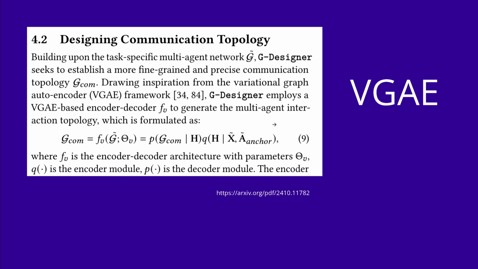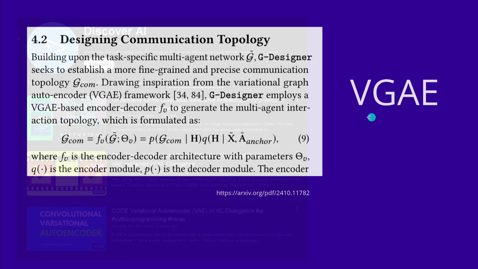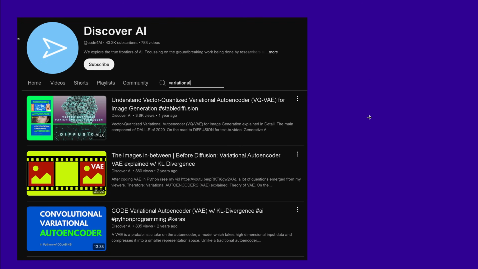Now, if you are not familiar with a Variational Auto-Encoder framework, this might be a little bit of a rough ride in the next 2 minutes. So therefore, if you like my kind of explaining, I have quite some videos from 1 year ago, 2 years ago, where we use those models, variational autoencoders, for image generation.